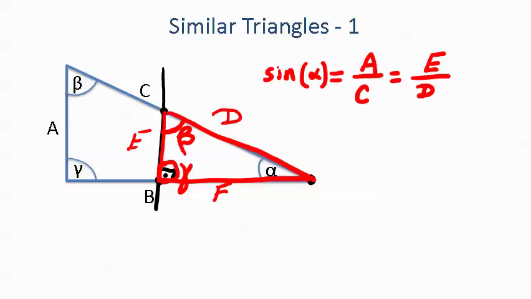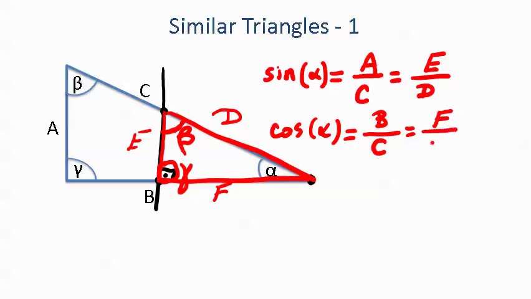The cosine of angle alpha will be equal to the near perpendicular, which is B for the blue triangle, divided by the hypotenuse, or equal to F, which is the near perpendicular, divided by the hypotenuse for the new triangle.